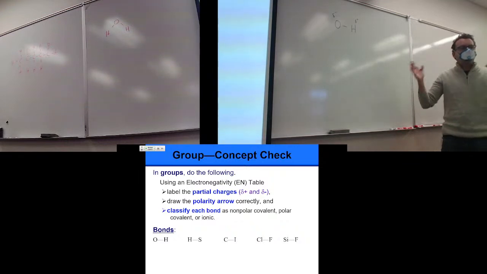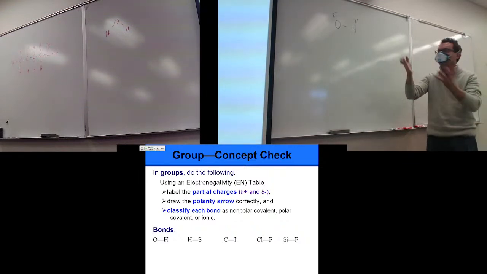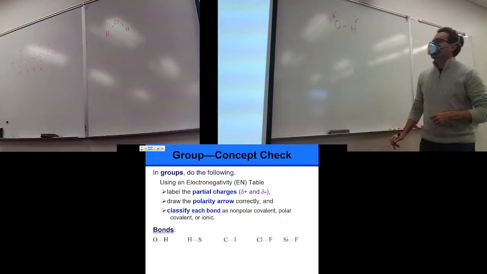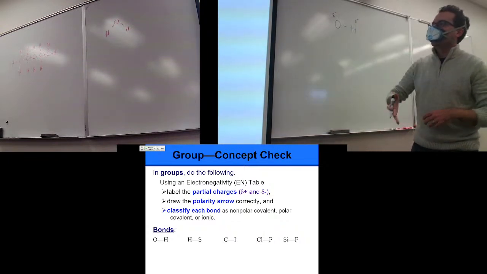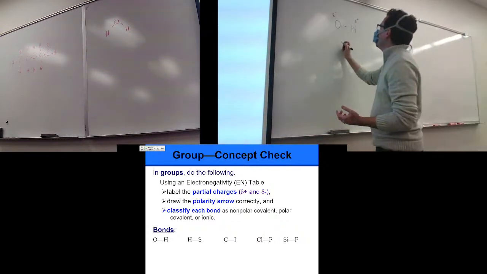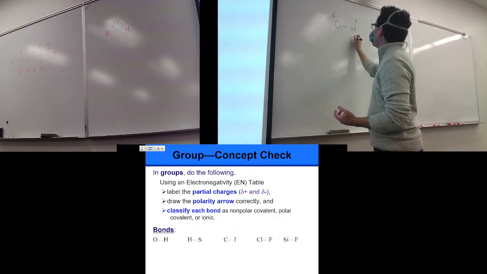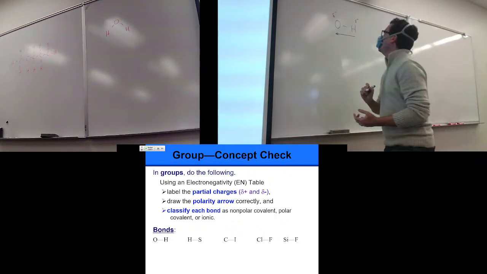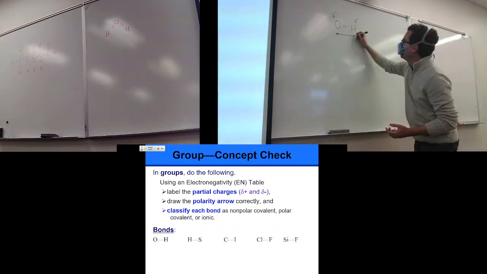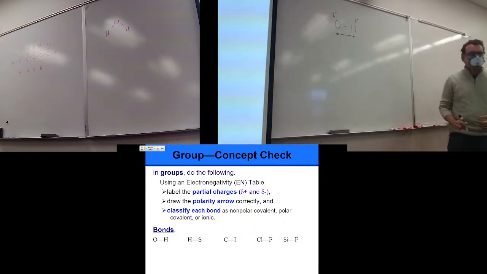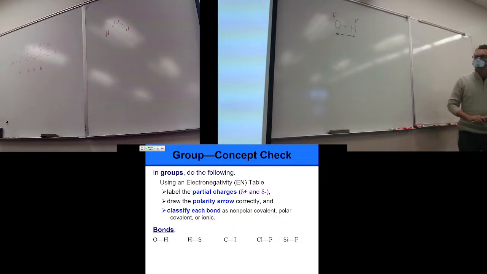Again, we don't care about the actual charges, we just know that this one's negative, this one's positive. As far as a polarity arrow, this dipole moment vector, we always draw the arrow towards the negative side. The tail is going to start at the positive side, and we put a little plus at the tail. That's just convention.